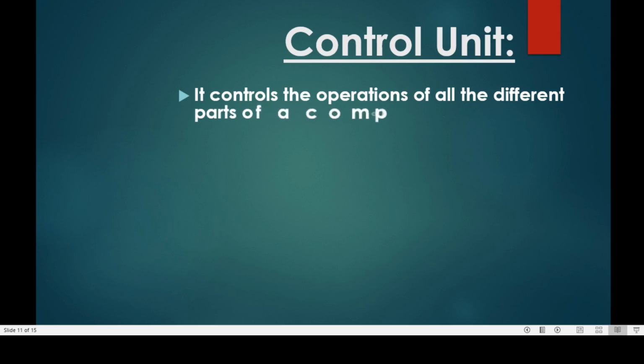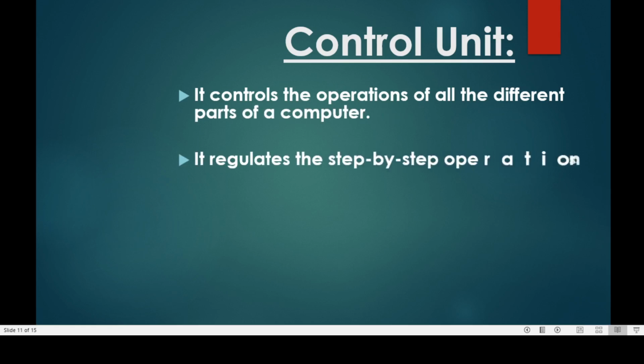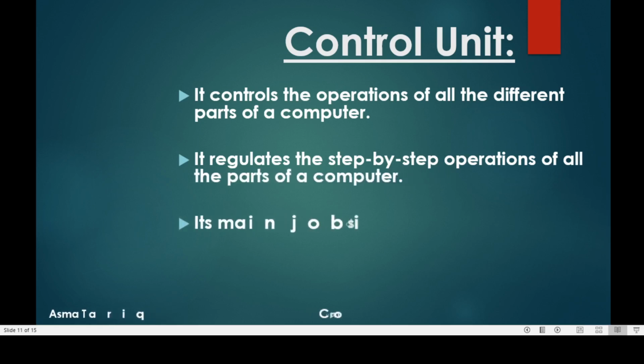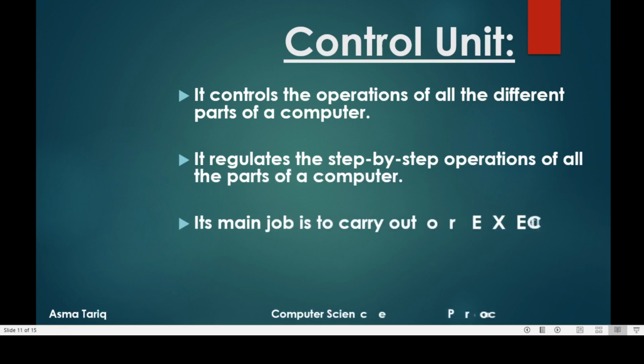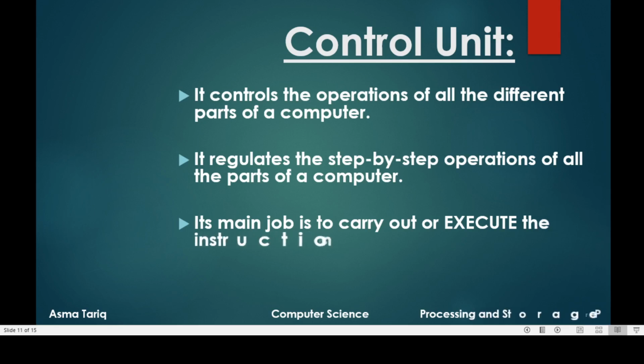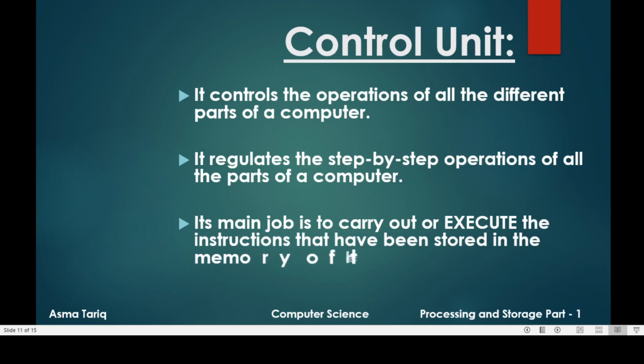The control unit (CU) controls the operation of all the different parts of a computer. It regulates the step by step operations of all the parts of a computer system. Its main job is to carry out or execute the instructions that have been stored in the memory of the computer.